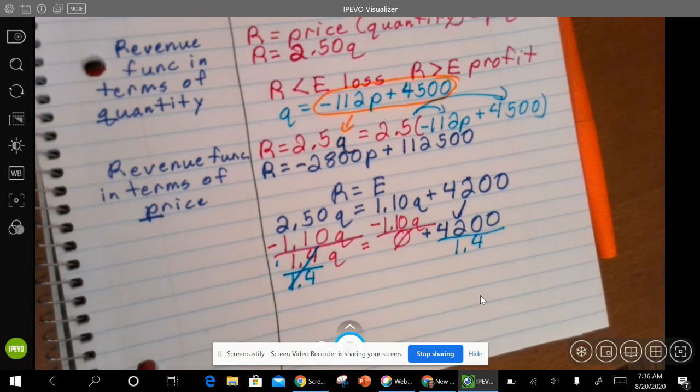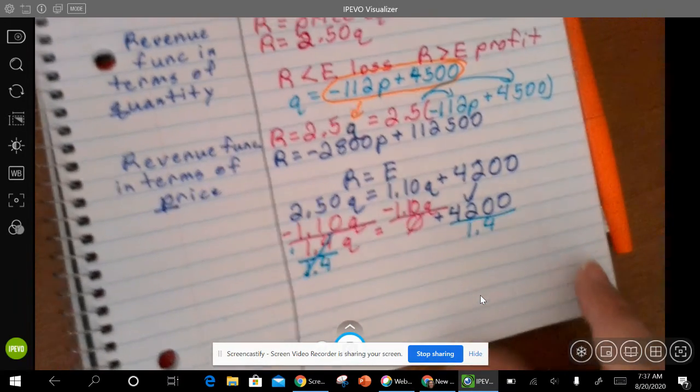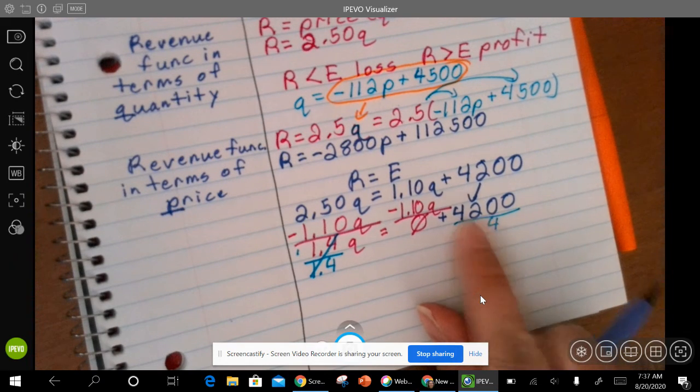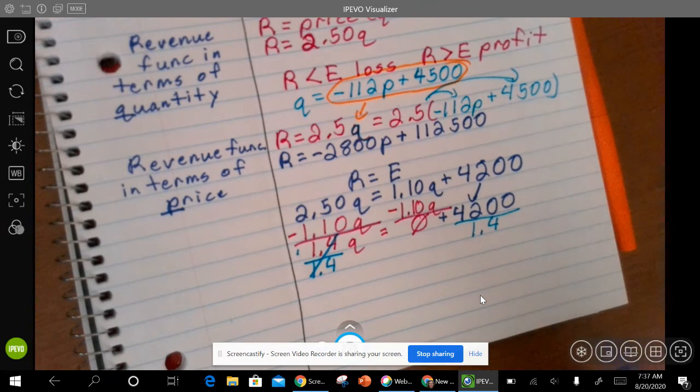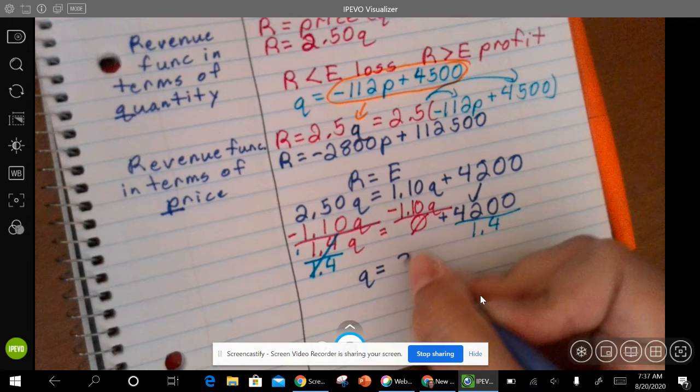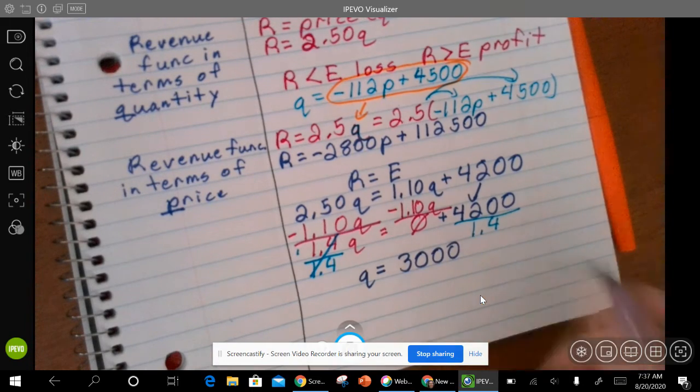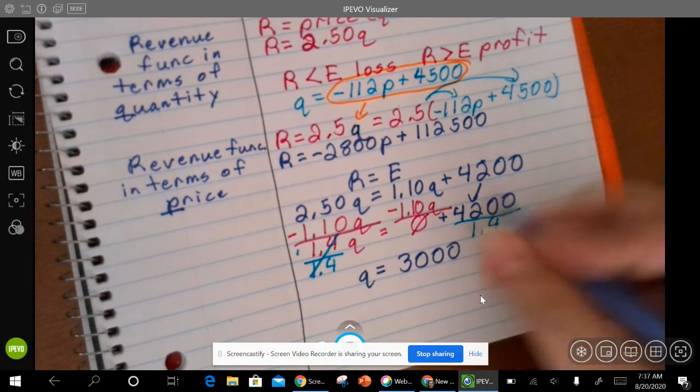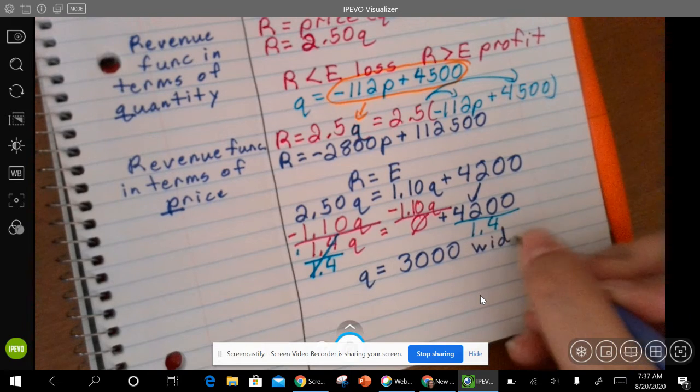So I'm dividing it out. And then we put in the calculator, so 4,200 divided by $1.40. And we're going to get quantity is equal to, and everybody remember this, we're going to round to the nearest whole number. So 3,000 widgets.